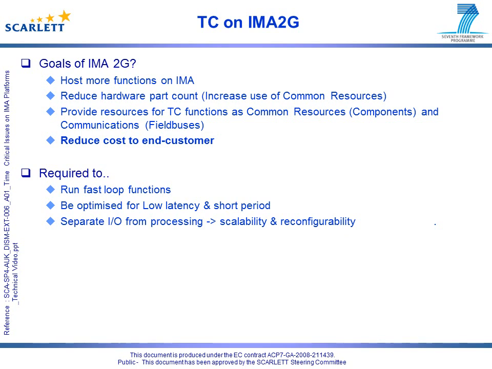The goal is therefore to provide the time-critical functionality using common resources and a limited set of communication types, potentially all AFDX-based. These common resources are required to run fast loop functions, be optimized for low latency and short periods, and separate the I/O from the processing to enhance scalability and reconfigurability.